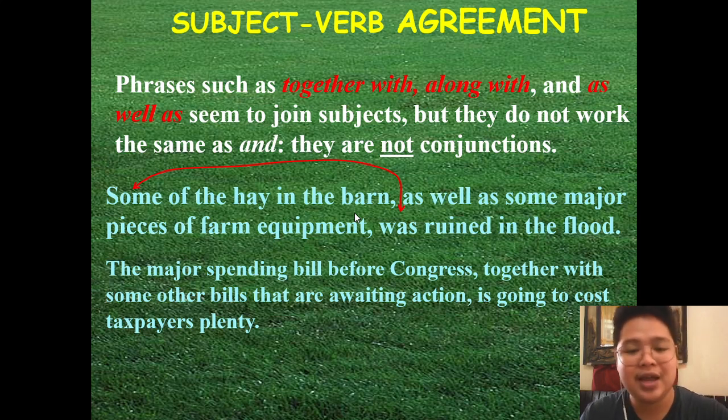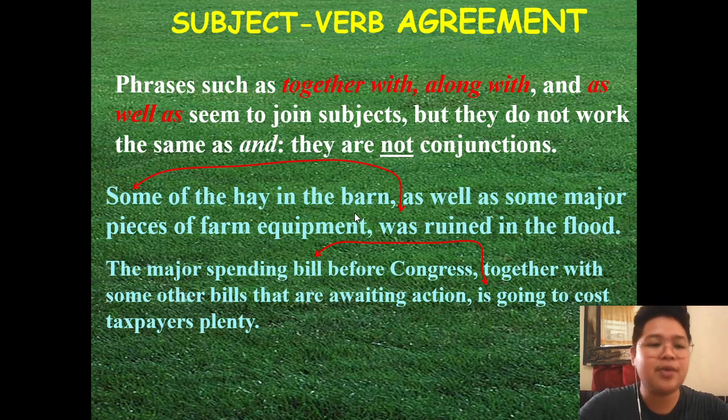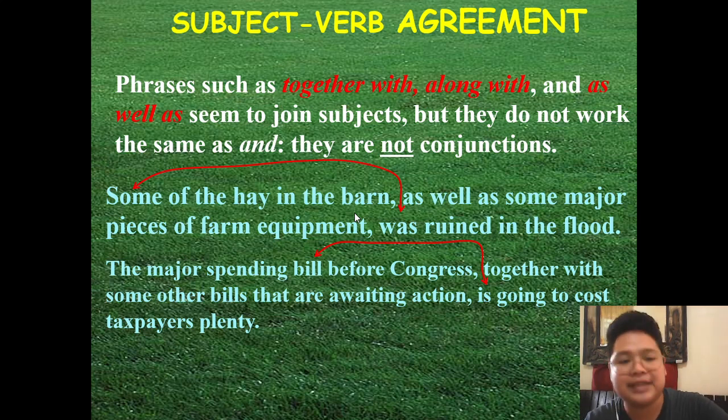We should disregard together with some other bills that are awaiting action, because we are just talking about the bill, which is the major spending bill before Congress. We disregard that phrase because it is just a distraction. That is why we use the verb is going to cost taxpayers plenty. Did you understand that one?